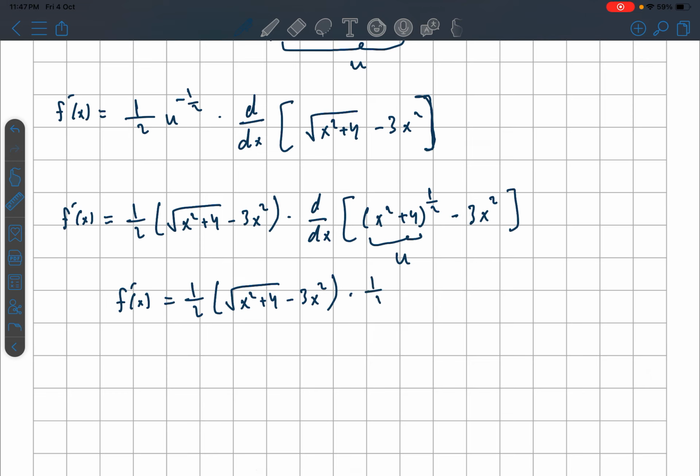So it will be 1/2 x squared plus 4 power of negative 1/2 times the derivative of x squared plus 4, 2x minus 3x squared, and this is the last result.